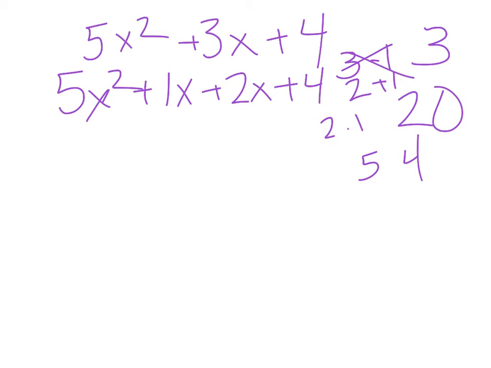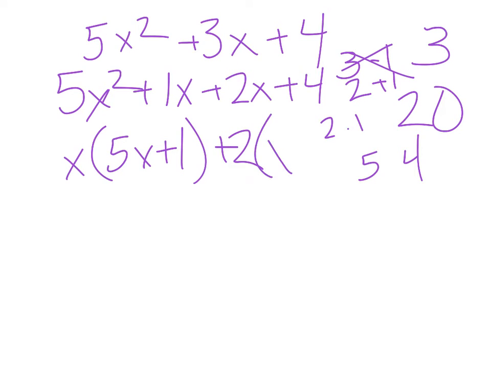So the only thing they would have in common was x. 5x plus 1. This one over here would be 2 times x plus 2. And you notice, nothing works. It just doesn't, you can't factor them out. So that one is prime. But be careful, make sure that it's actually prime.